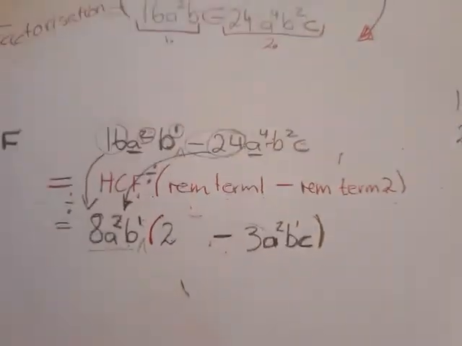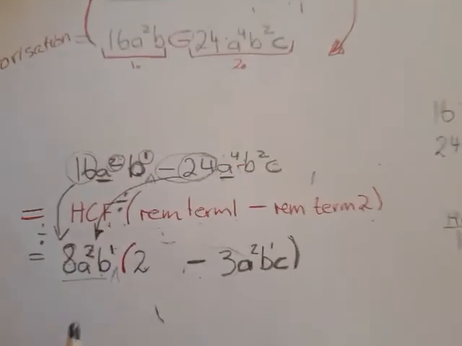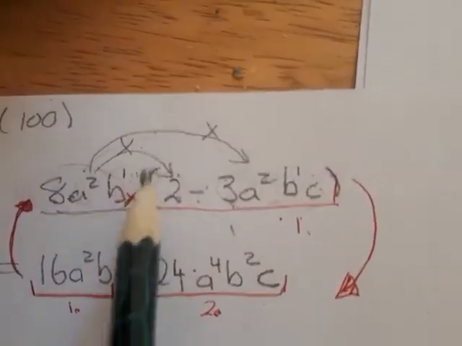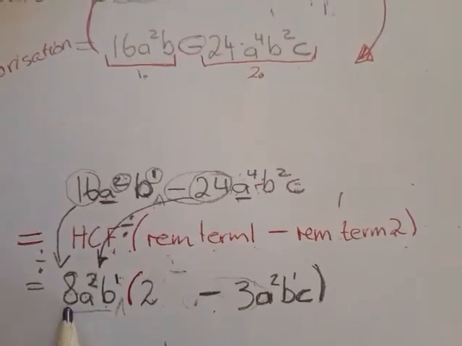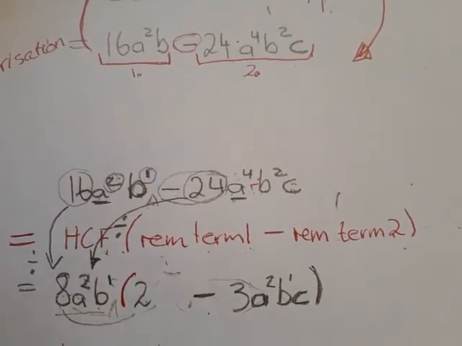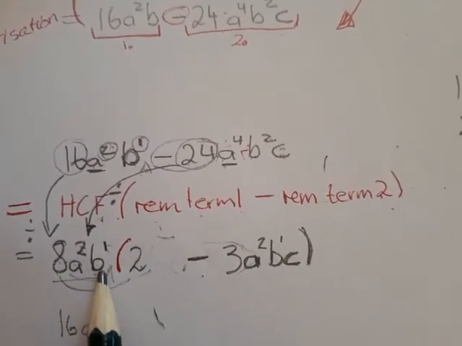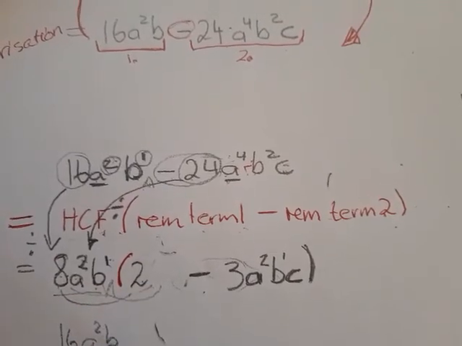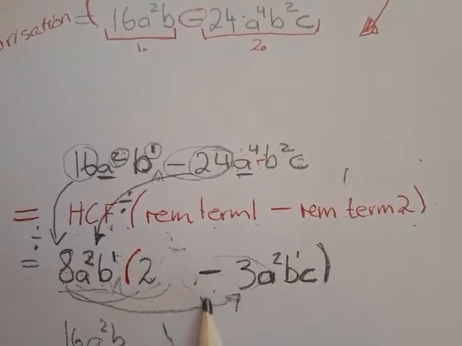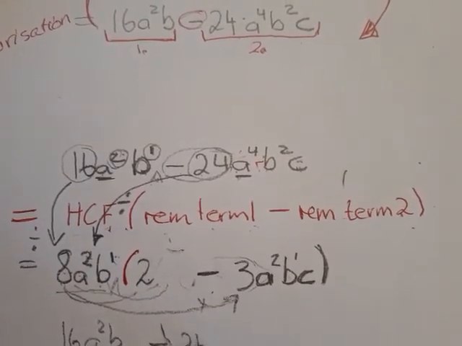Now the nice thing is, people, with factorization, you can always check your answer by now multiplying out as we did it here. So you can quickly do 8 times 2 is 16. Okay. Then we have a squared times nothing is a squared. B, there's no b there, so that is b. All right. Then you've got 8 times negative 3, which is negative 24.